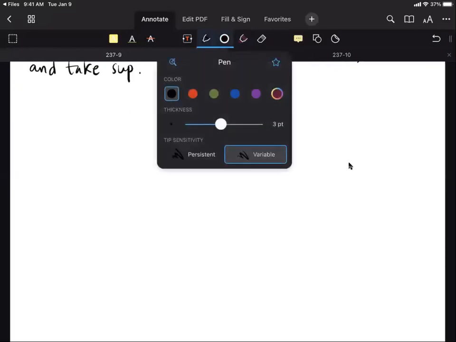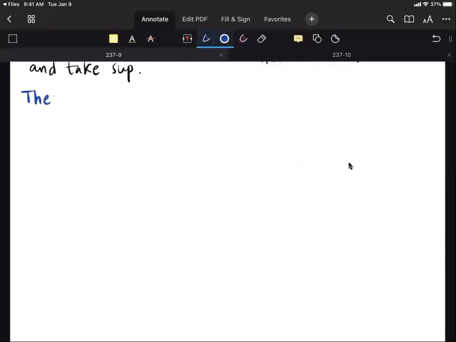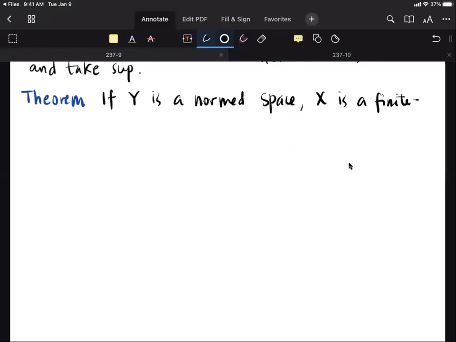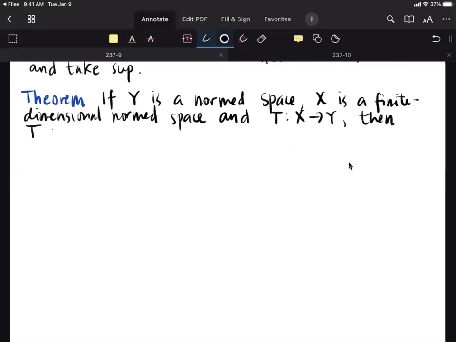The following is a special type of bounded linear operators. Let's say Y is a normed space, X is a finite dimensional normed space, and T is linear, then T is bounded.